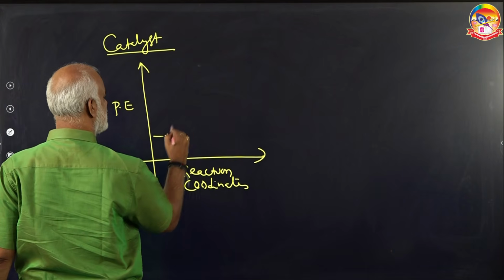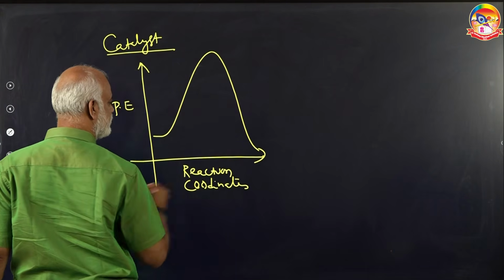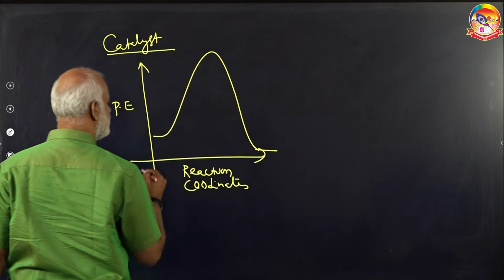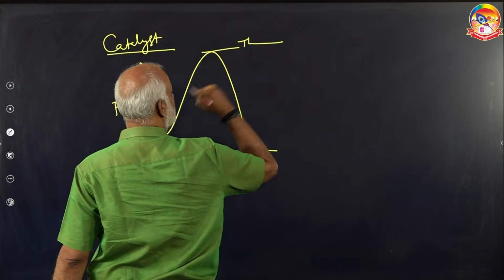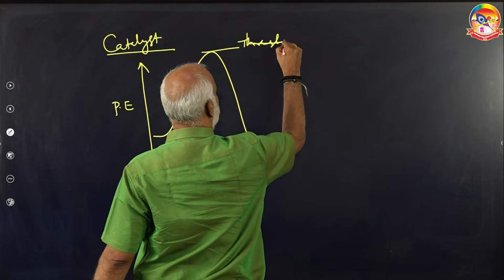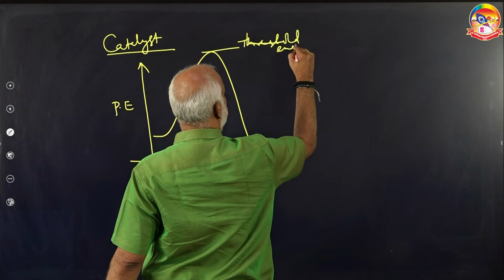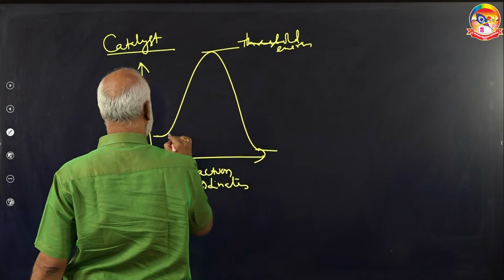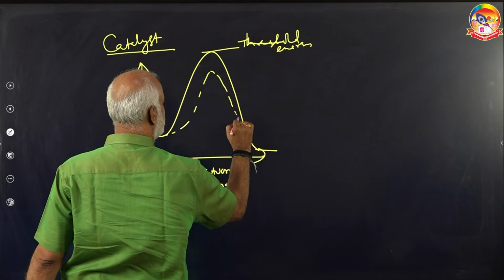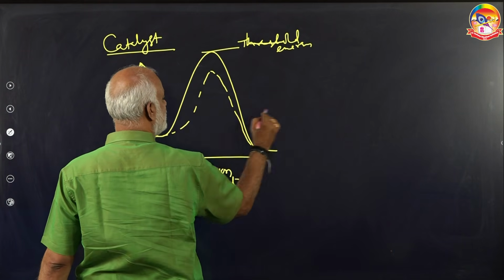Suppose this is the graph that you wanted to go with. This is the uncatalyzed reaction. This is the threshold energy. Suppose I am drawing a dotted one. What is this dotted one?